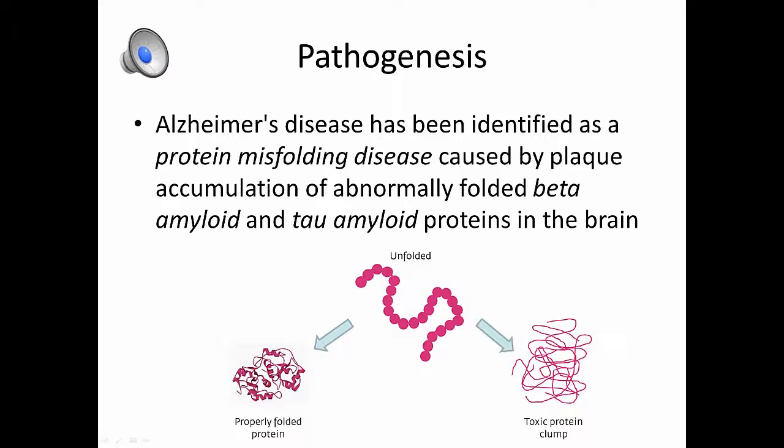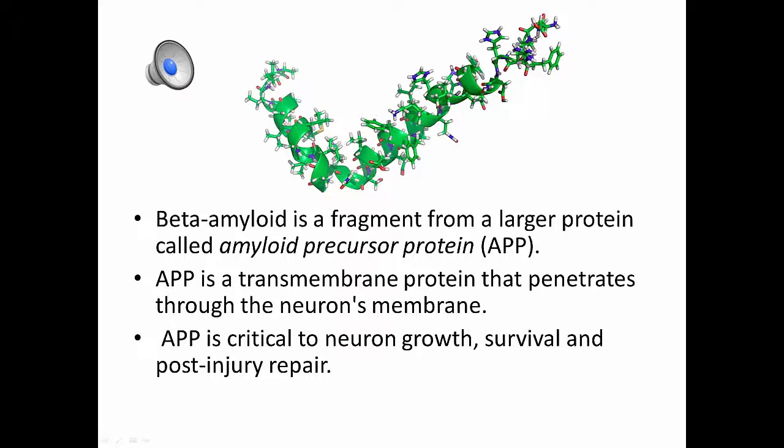Alzheimer's disease is a protein misfolding disease caused by plaque-like accumulations of abnormally folded beta amyloid and tau amyloid proteins in the brain. Beta amyloid is a fragment from a larger protein, the amyloid precursor protein. The amyloid precursor protein is a transmembrane protein which is critical to neuron growth, survival, and post-injury repair.